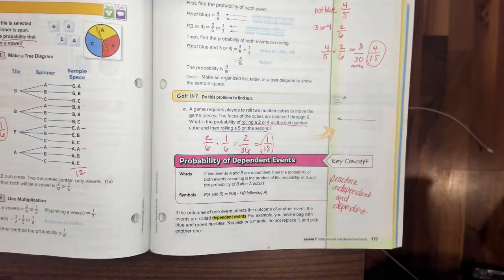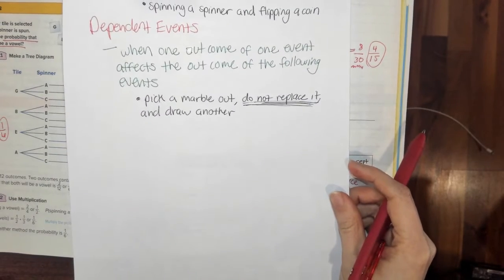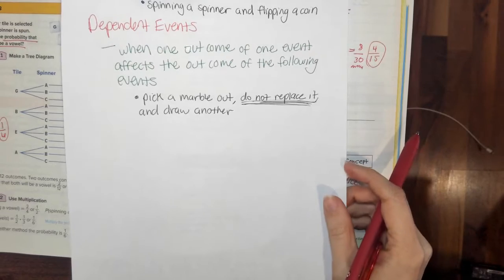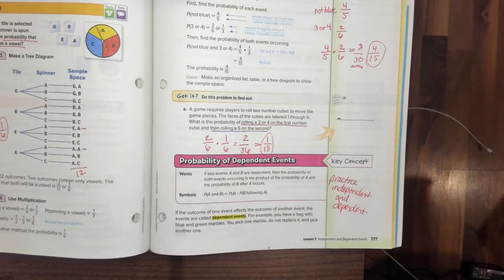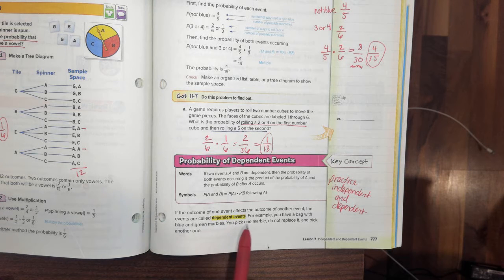Here's some examples of dependent events. Remember, dependent means when one outcome affects the second or following outcomes, okay? And they gave the example, just like I said, that you pick a marble out, don't replace it, and pick another one.